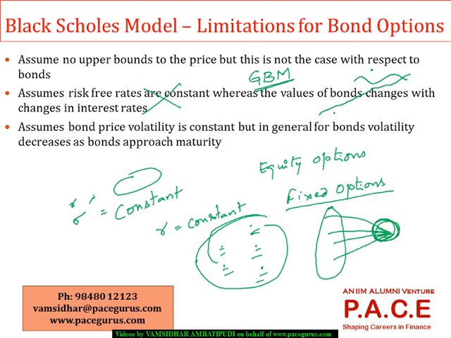Whereas when we are talking about fixed income securities, that is not the case. There is an upward boundary. So keeping all these things in mind, the Black-Scholes formula, which is designed to value equity options or forex options, may not be applicable at all when it comes to fixed income based options.